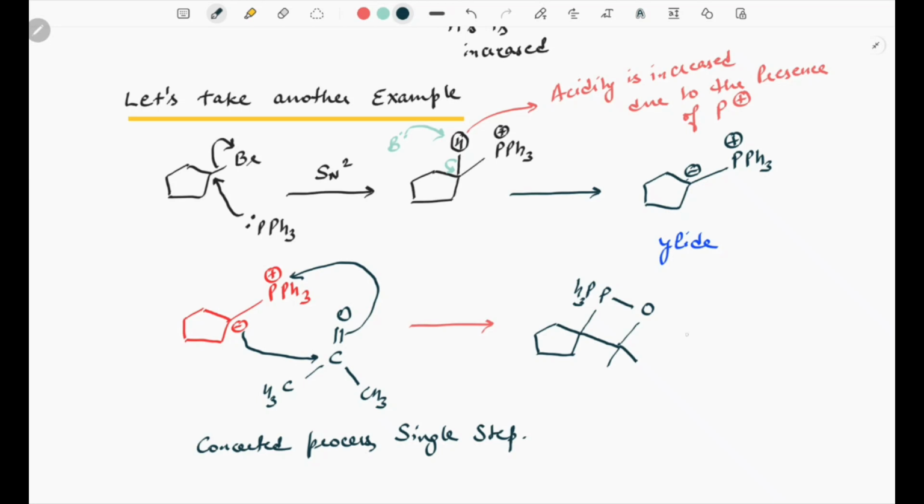So this oxaphosphetane breaks down to form the final alkene product. And also triphenylphosphine oxide is formed. So this is all about the mechanism of the Wittig reaction.